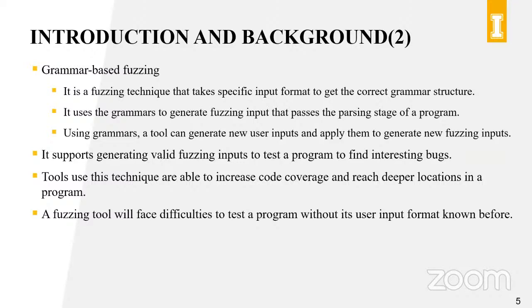Grammar-based fuzzing is a fuzzing technique that takes a specific input format or specification to get the correct grammar structure.